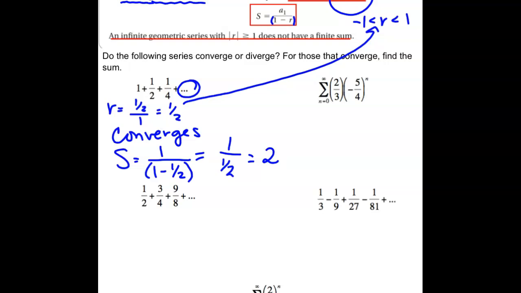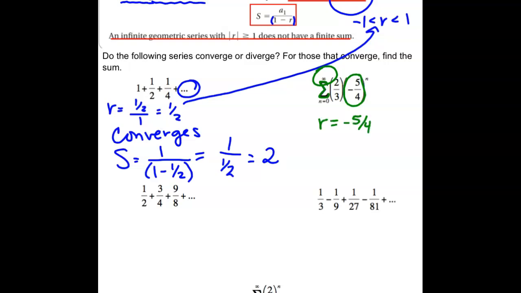This next one is in that summation notation, right, with that Greek letter sigma. But notice up here, the upper limit is infinity. That tells me it's going to keep going forever and ever. Okay? Our R value is the piece that's being raised to the power. So in this case, our R value is negative 5/4.